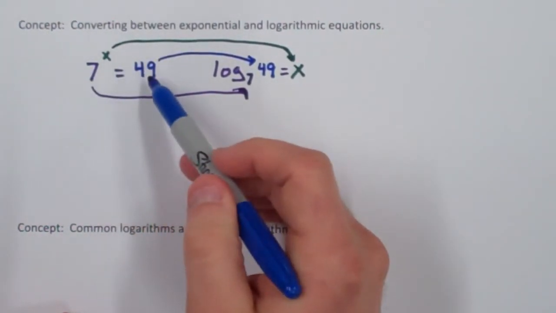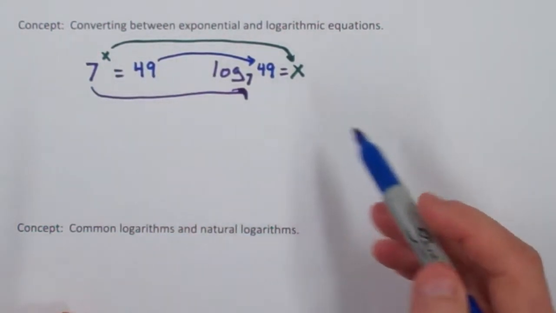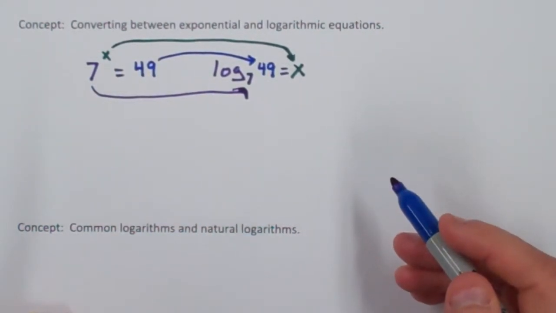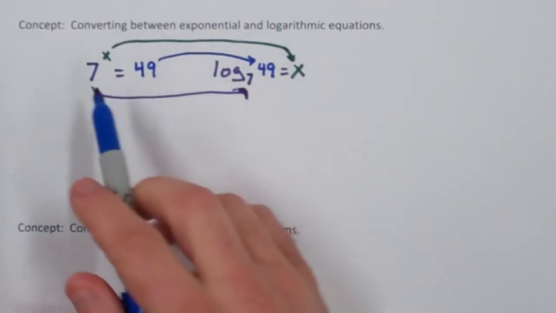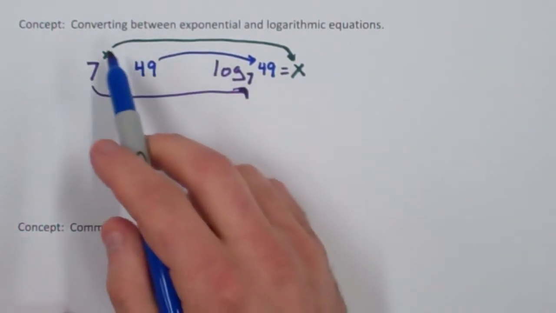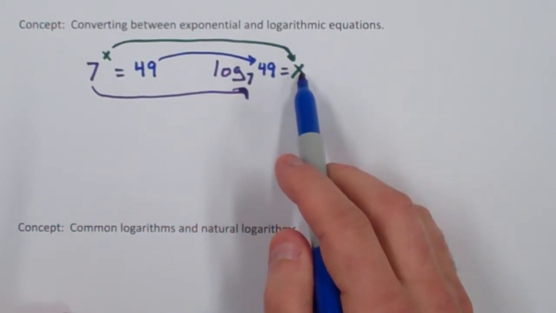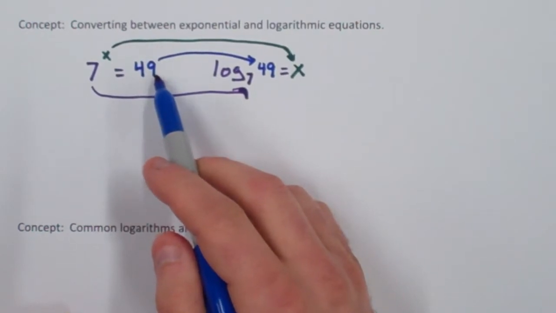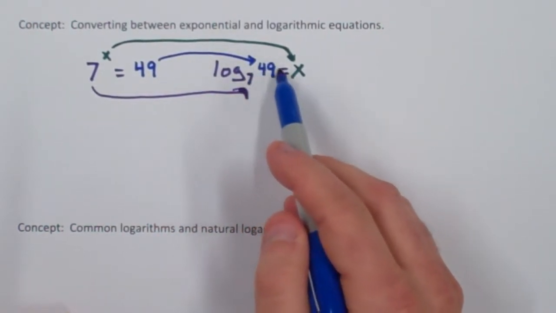So the x and this 49 kind of trade sides of the equal sign, if you want to think about it like that. So just remember that the base always goes below in a logarithmic form, and we're always solving for the x. The other number, which is called the argument, then would go in the missing space right here.